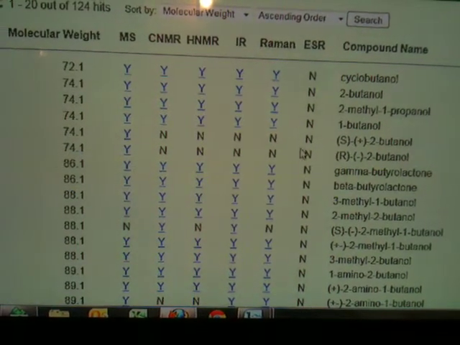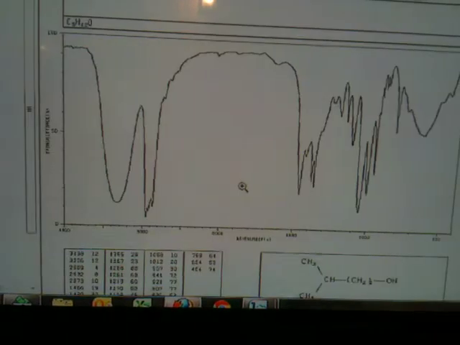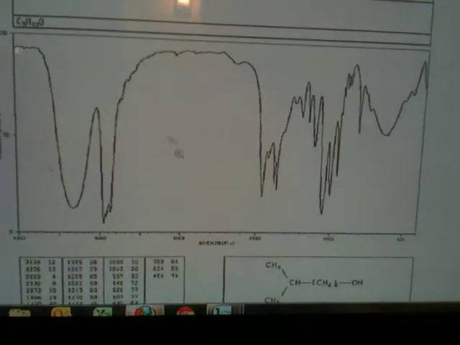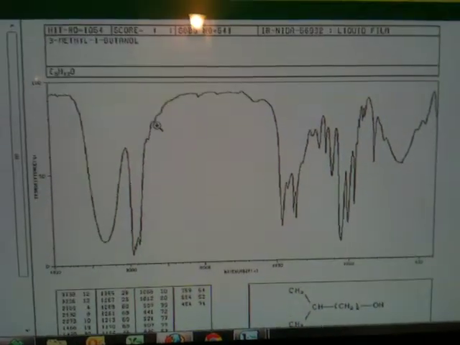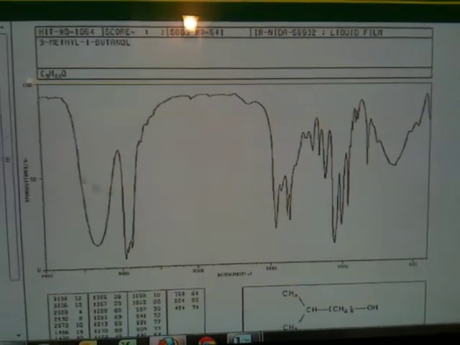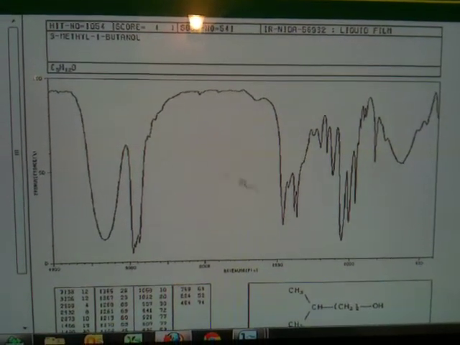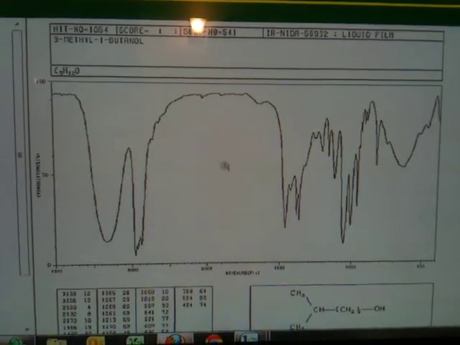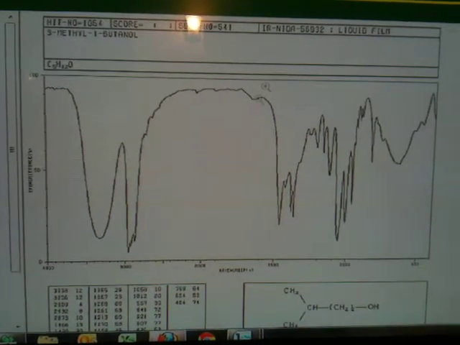What I'm making the point of here is that when you look at these, there's a really typical looking alcohol. You'll notice that these look a lot like the spectrum I just showed you for propanol. You'll see that alcohols have a lot in common up in the functional group region, but in this region they're going to look different. This is going to be kind of distinctive looking.